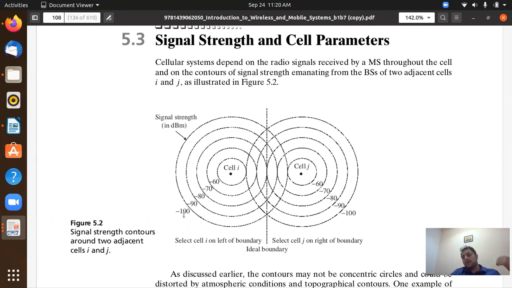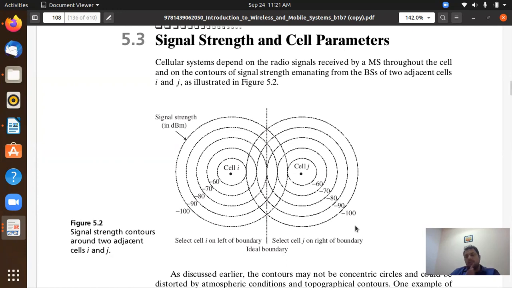Obviously there comes a point from where onwards signal strength would be so less, and that would start acting as a noise, would be of no consequence to the receiver. Likewise, you have a cell here, cell J: minus 60, minus 70, minus 80, minus 90, minus 100.